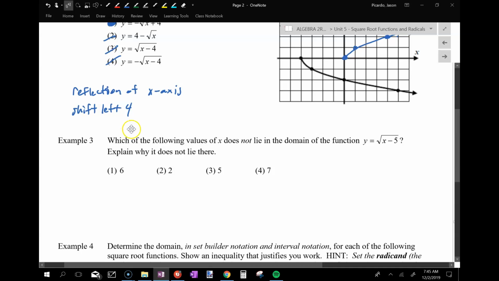Okay, good. So you're thinking of this graphically. Okay. What if we don't think about it graphically? 6 minus 5 is 1, and the square root of 1 gives me a number that is positive, right? I just got to make sure when I plug something in, the thing underneath the radical isn't what? Negative, right? So I can do this because I get this.